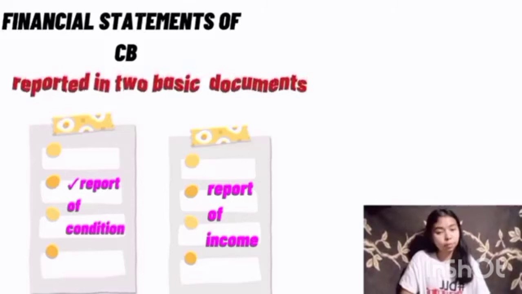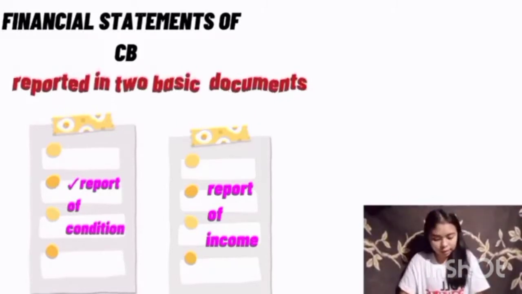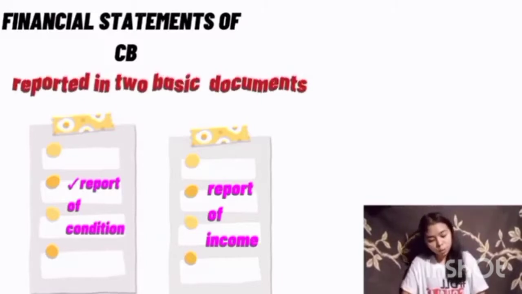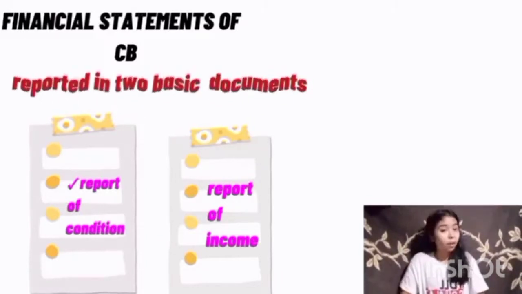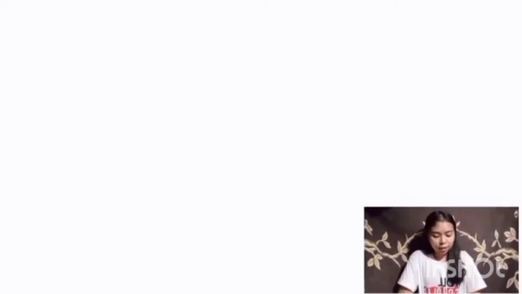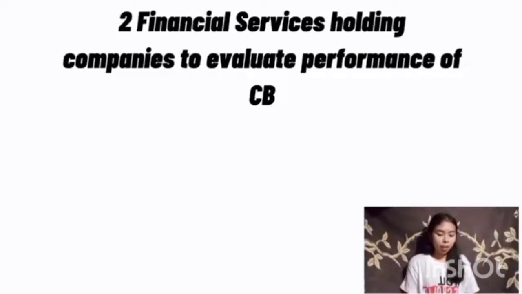So dito, in terms of commercial banks, it serves as the income statement, reporting revenues, expenses, net profit or loss, and cash. Webster Financial Corporation and Bank of America Corporation use two financial services holding companies to evaluate the performance of commercial banks.